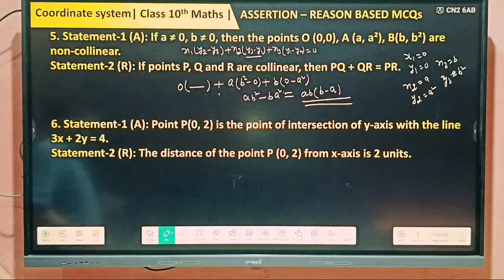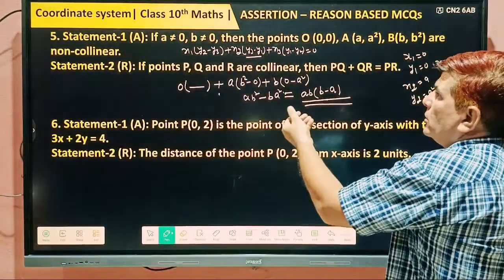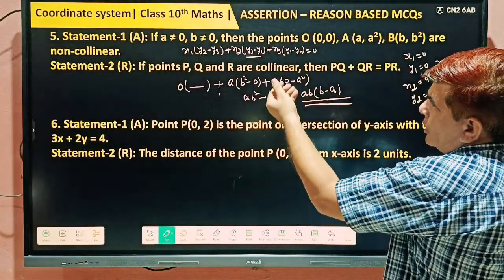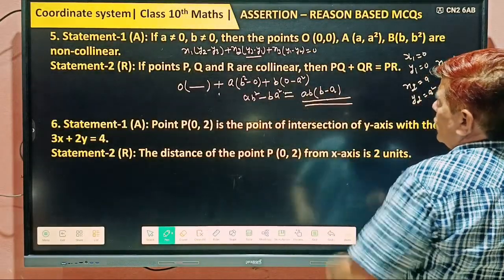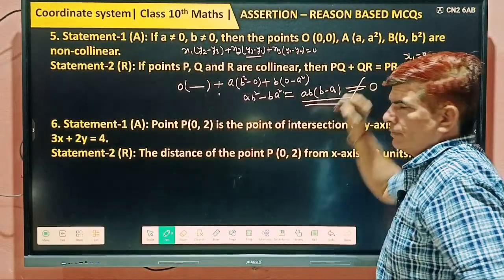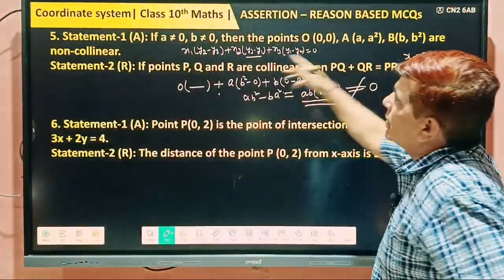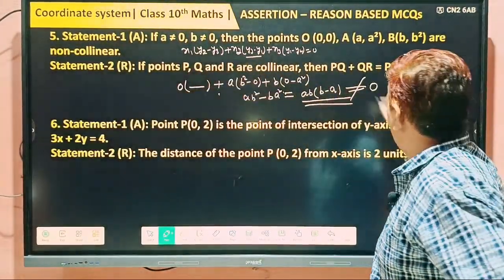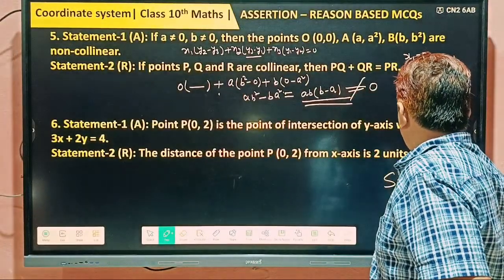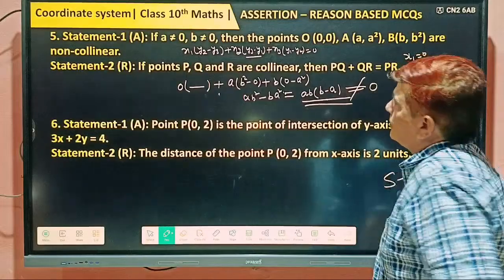Only when a and b become equal, it is 0. Understood? A is not equal to 0, b is not equal to 0, so this quantity is also not equal to 0. And if this quantity is not equal to 0, these are non-collinear. It means statement S1 is right, or we can say true.